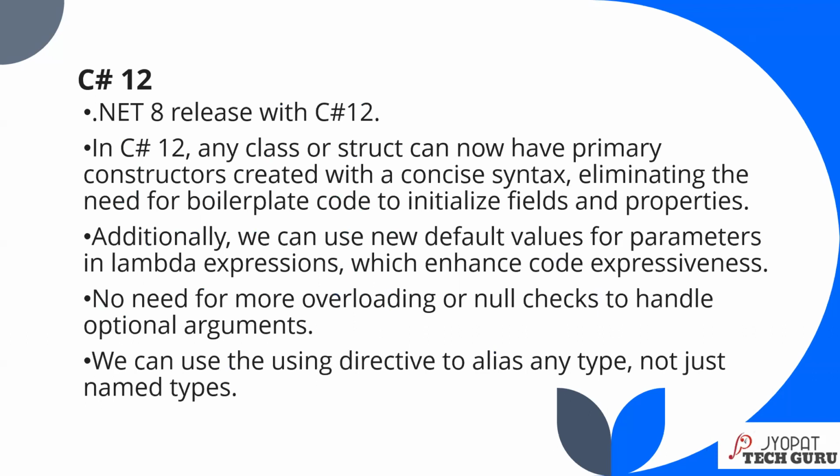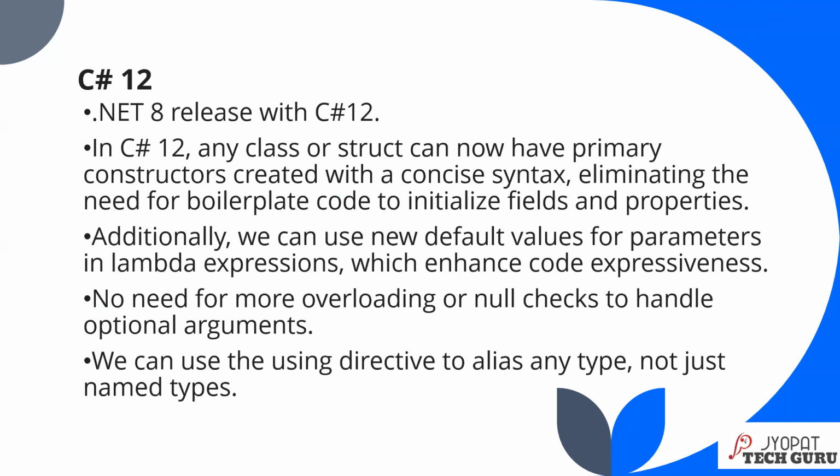In C# 12, any class or structure can now have primary constructors created with a concise syntax, eliminating the need for boilerplate code to initialize fields and properties. So whatever the traditional way is, they are just using a shortcut way, shortening the entire thing so that you can create the constructors very easily and work with the initialization part in a very clean manner.